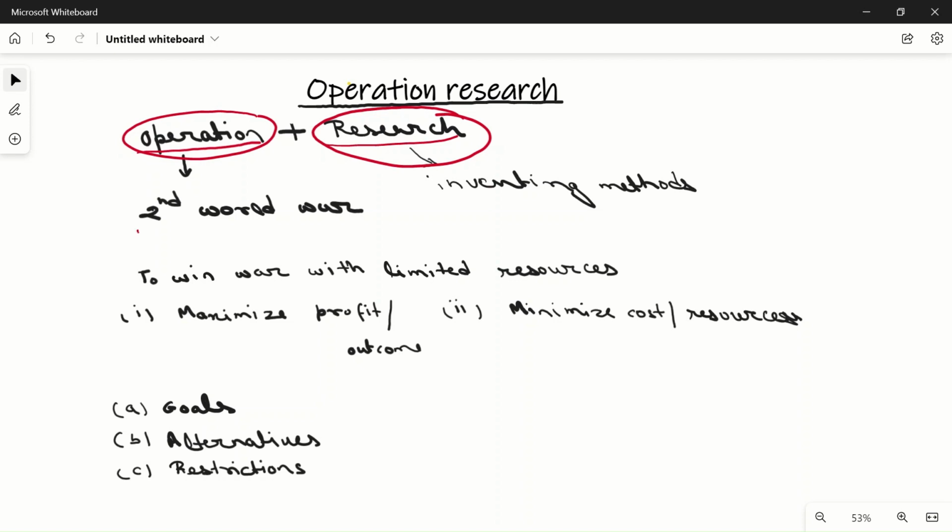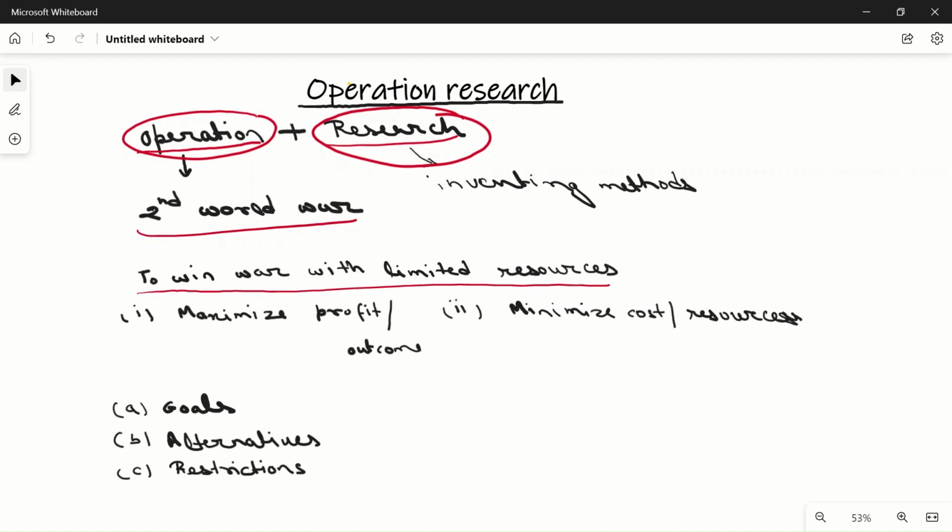This was developed during the Second World War, and what was the purpose of this subject? It was to win the wars with limited resources, because as you know, during the Second World War there were many countries fighting each other, and there was a resource crunch.